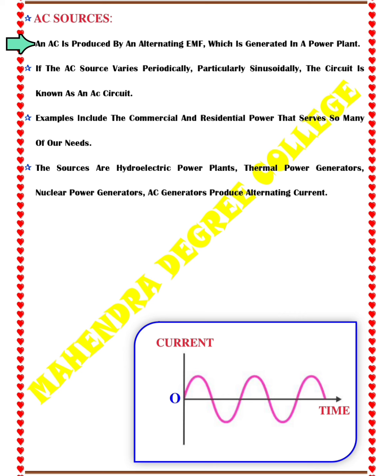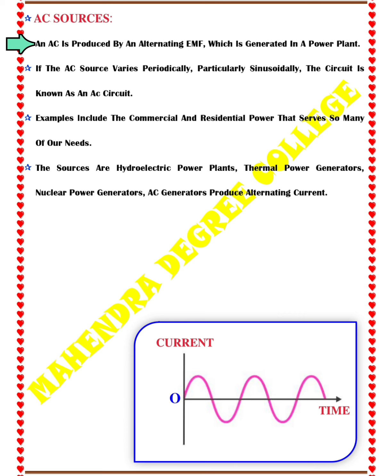An alternating electromotive force means the voltage also changes direction, positive to negative and back in a regular pattern, which is generated in a power plant.